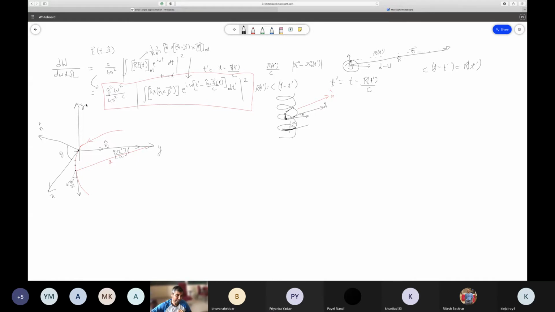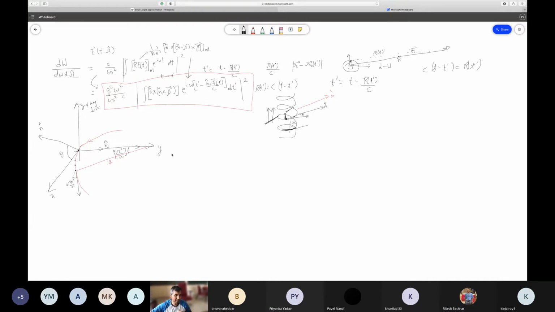This z is not equal to the magnetic field direction. So the geometry is very, very important. The magnetic field direction is this, and the xy plane is inclined to that because the particle motion has a pitch angle alpha. So this is the geometry.